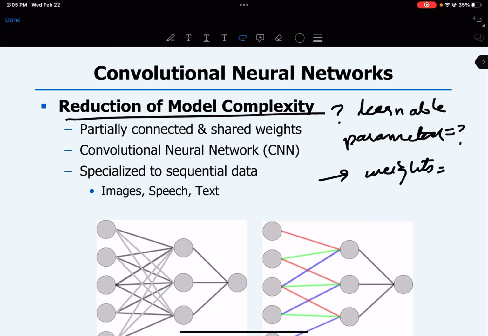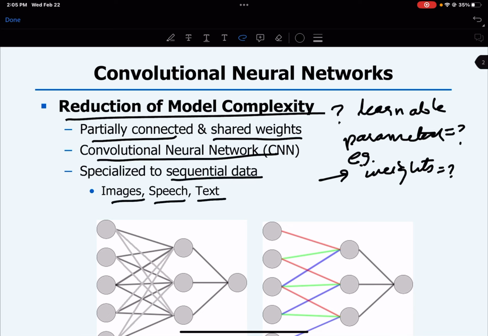The weights are significantly reduced, we have partial connectivity, and the weights are shared. This is characteristic of convolutional neural networks, and mostly they are specialized to sequential data such as images, speech, and text.